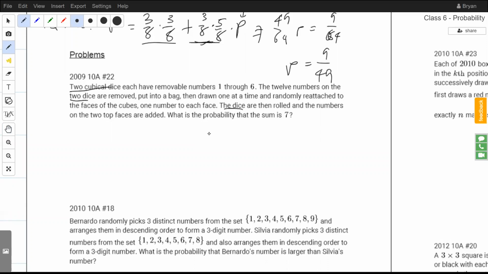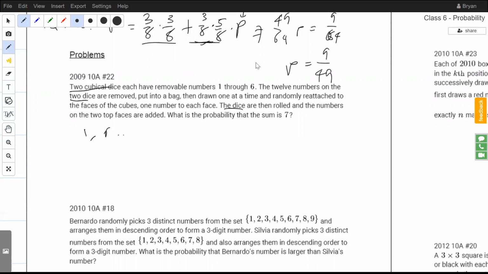Basically, you have 12 numbers, 1 through 6, each appearing twice in a bag, and we really just want to choose 2 numbers from the bag.